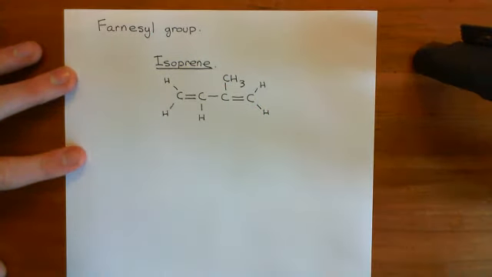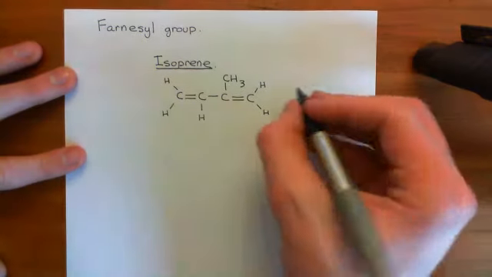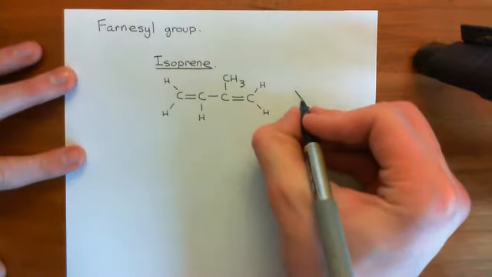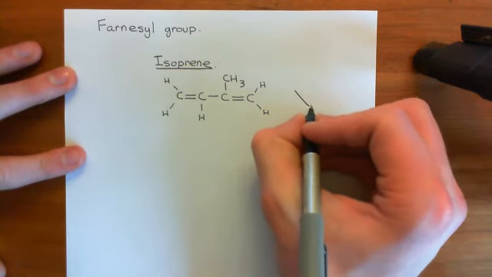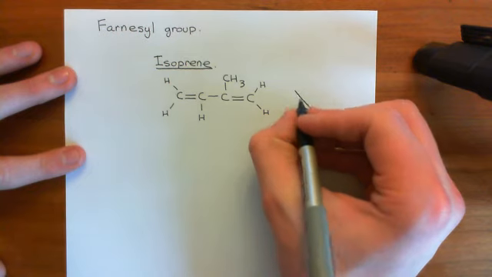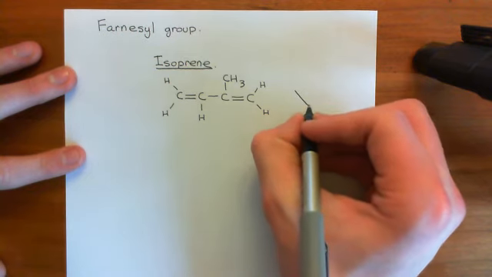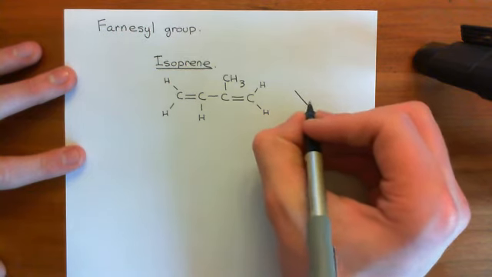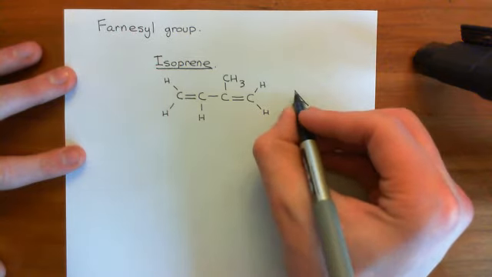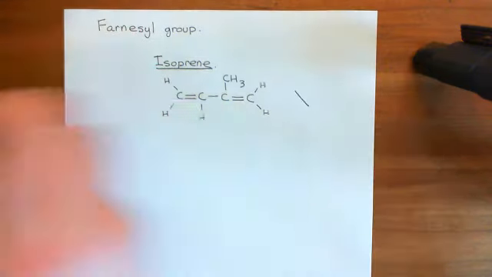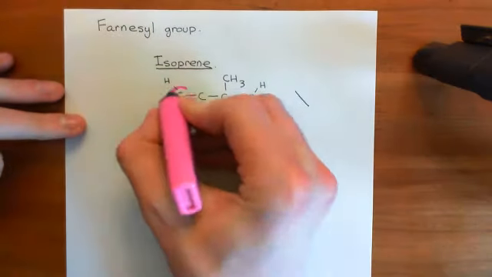Now, let's draw this in skeletal format. In skeletal format, we need to start by drawing 4 carbons. Remember, in skeletal formula, you don't show carbons. They're implicitly shown by the corners. You also don't show hydrogens coming off carbons. So here's our first carbon here. Let's draw the parallels here with colours.